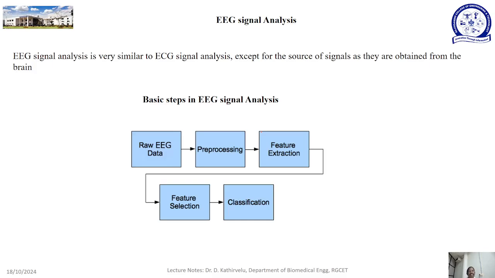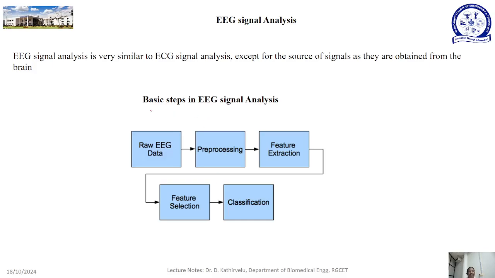So EEG signal analysis is very important. The purpose of signal analysis like EEG is to present the wave to the clinician in the most accurate manner available, in order to avoid misdiagnosis and to ensure that the treatment is planned properly.